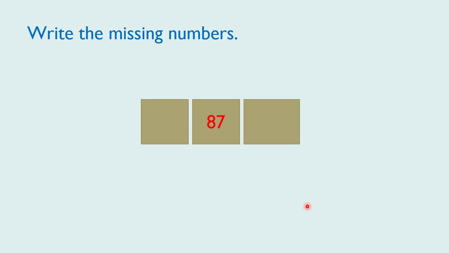Here is a second game for you. Write the missing numbers. जो नंबर यहाँ पर मिस हैं, हम इन्हें फाइंड करेंगे. Students, let's think what comes before 87.